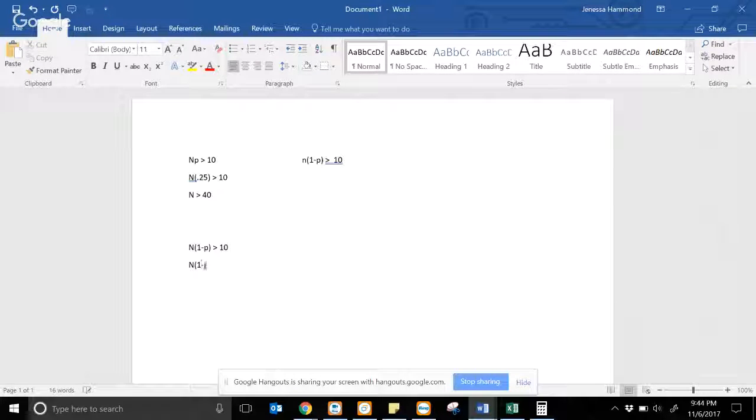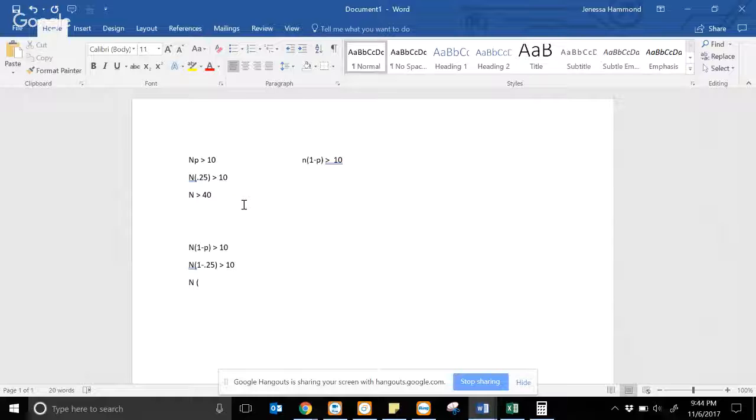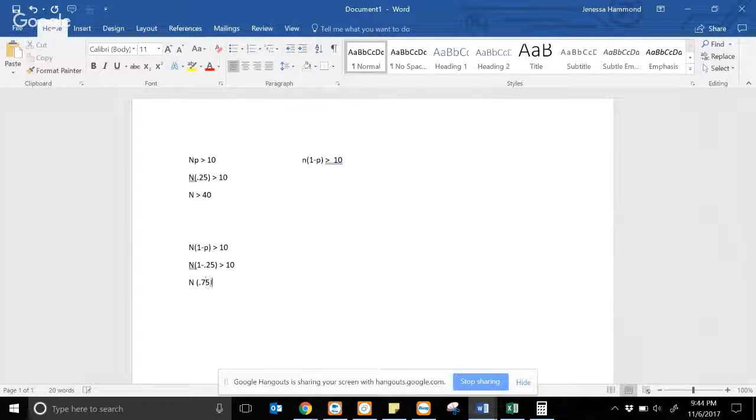So n times 1 minus 0.25 is greater than or equal to 10. So 1 minus 0.25, that's 0.75, right? Correct. Okay, so n times 0.75 is greater than or equal to 10.